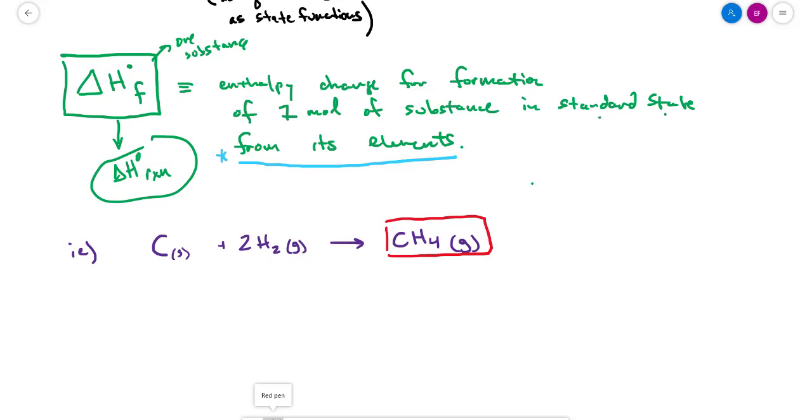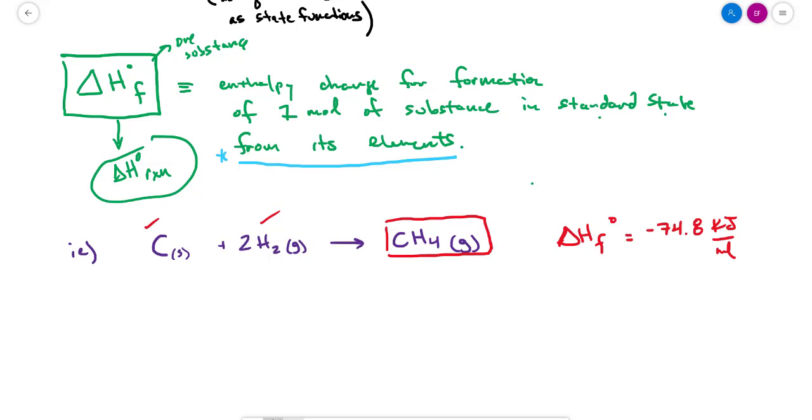And so the simplest way to make CH4 would be to combine carbon and hydrogen, the two elemental forms that comprise this, and then write up what is the energy change, meaning energy yielded or energy input, when we make that compound from its elements. And in this case, the heat of formation is minus 74.8 kilojoules per mole.